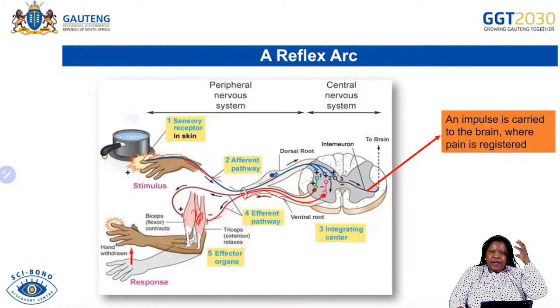Remember the brain, the spinal cord: the brain registered the impulses and interprets that to say, hey, you are bending there, you have to remove your hand. So in this case, impulses are being sent to the glands and to the muscles, okay?